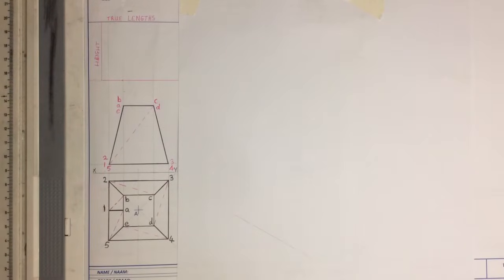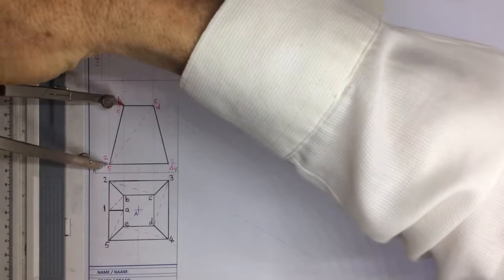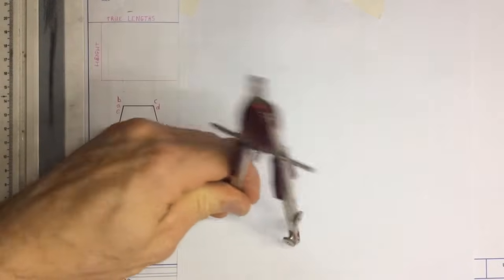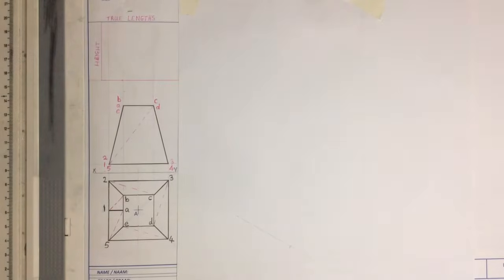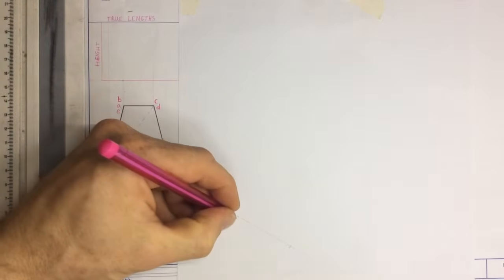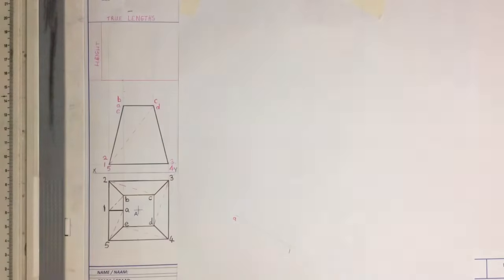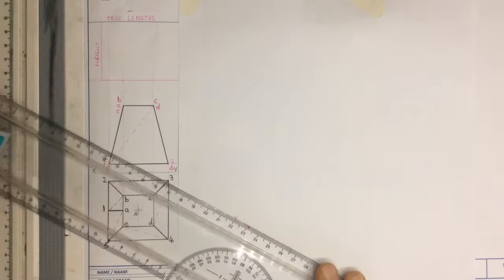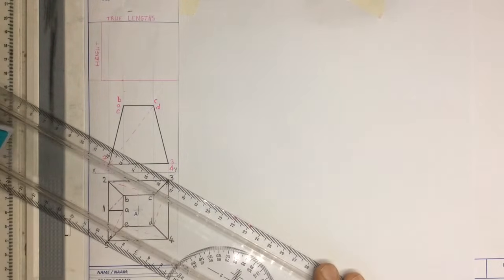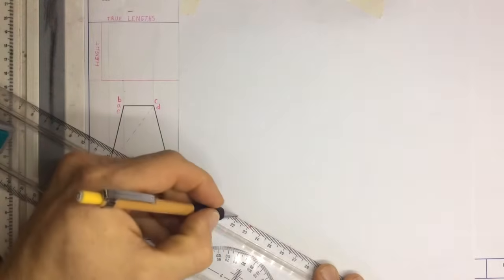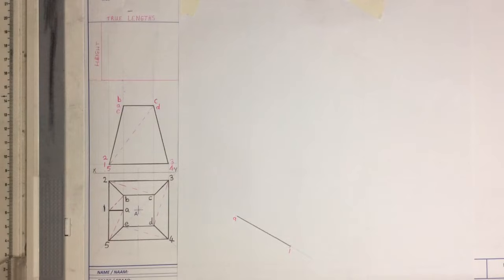So I can straight away take that length off there, 1A. I can come over here, plant that down, and mark that off as being A over there and 1 over there. Draw that in dark straight away. All right, there's 1A done.